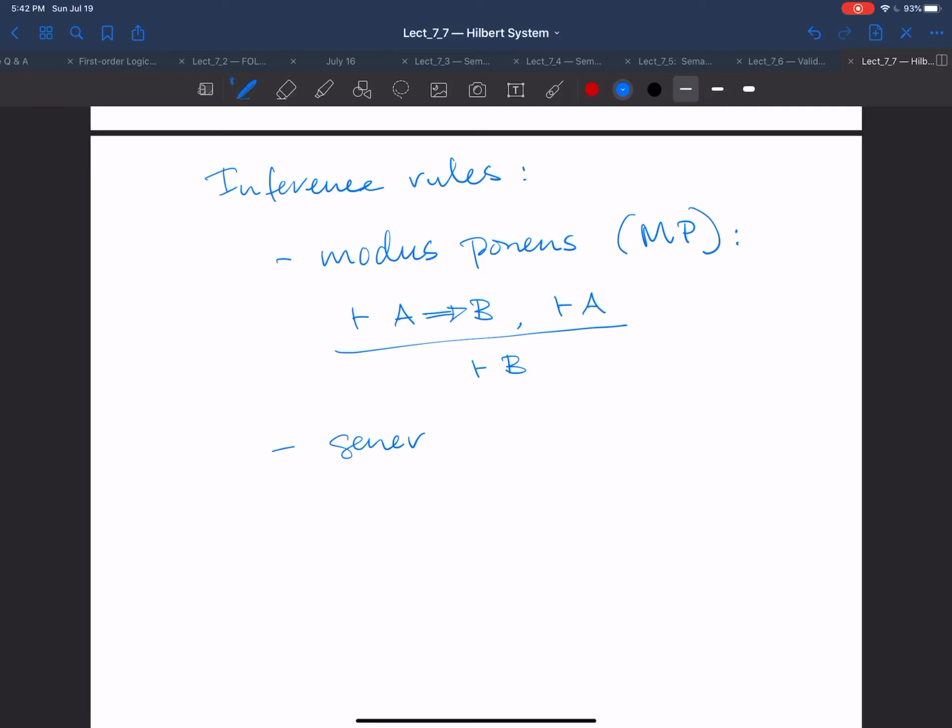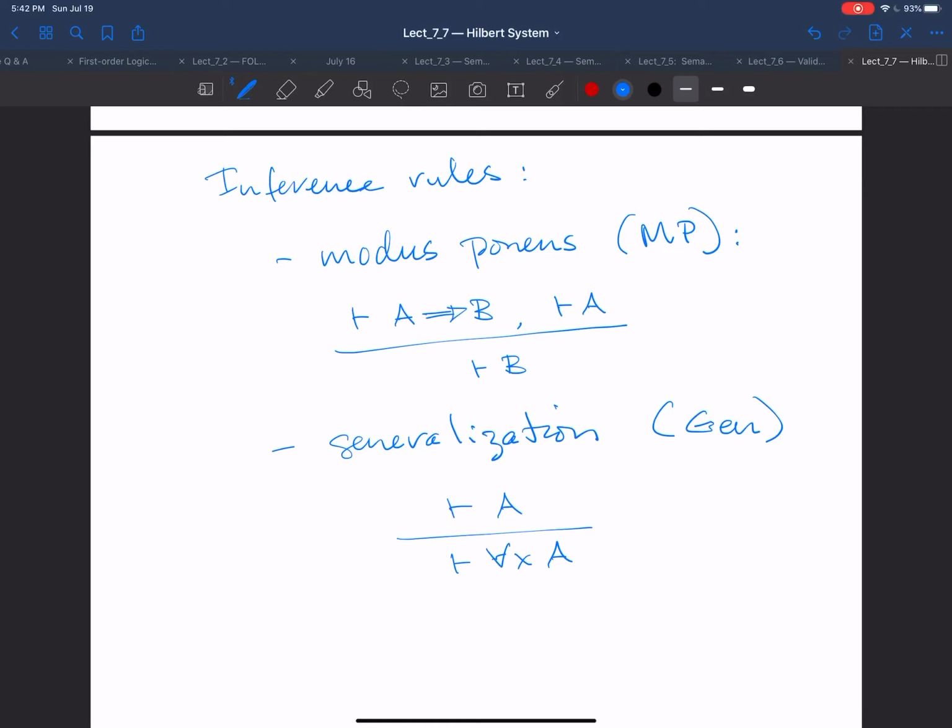The other inference rule that we add for the case of first-order logic is what's called generalization, gen. This states that if we have deduced A, then from that we can deduce for all x A. Hence the term generalization. This idea relates to our definition of semantics.